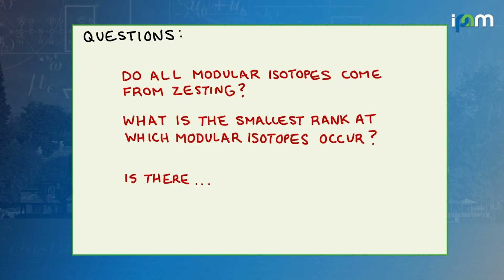And some follow-up questions, Eric touched on these earlier. Do all modular isotopes come from zesting and maybe braid reversal or some other really simple thing that we're not worried about throwing in the mix? Can we use zesting to produce smaller modular isotopes? The smallest known ones are rank 49. Maybe we can push that way down by using zesting. So S and T aren't complete invariants for modular categories.